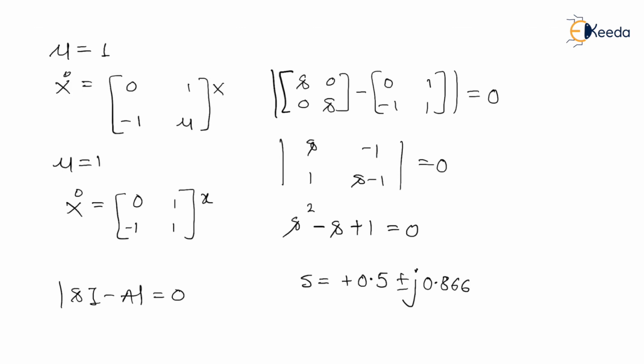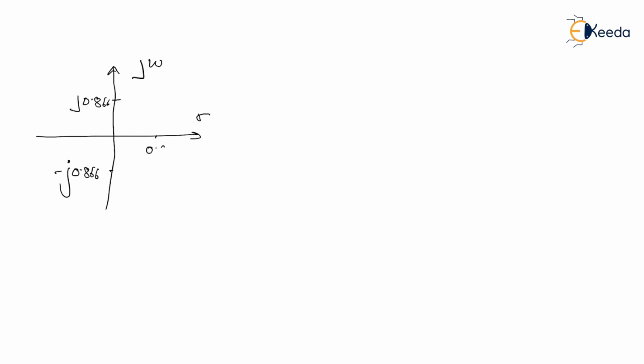So complex conjugate pole locations with positive real part give you the concept of a focus point, or to be precise, an unstable focus. If I draw the pole-zero plot with j omega and sigma axes, this is j 0.866, this is minus j 0.866, and this is 0.5.